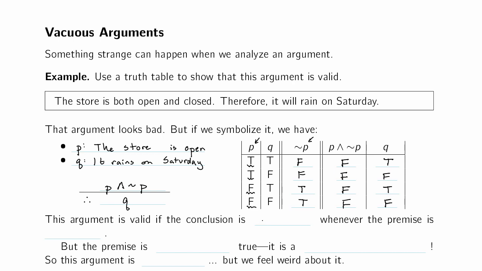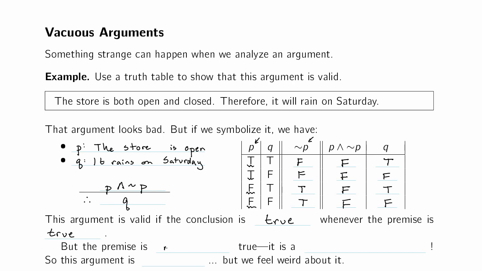The argument is valid if the conclusion is true whenever the premises are true. So, to determine whether the argument is valid, we would highlight all of the rows where the premises are true, and we would look to see if the conclusion is also true. But we did that. There are no rows where the premise is true.